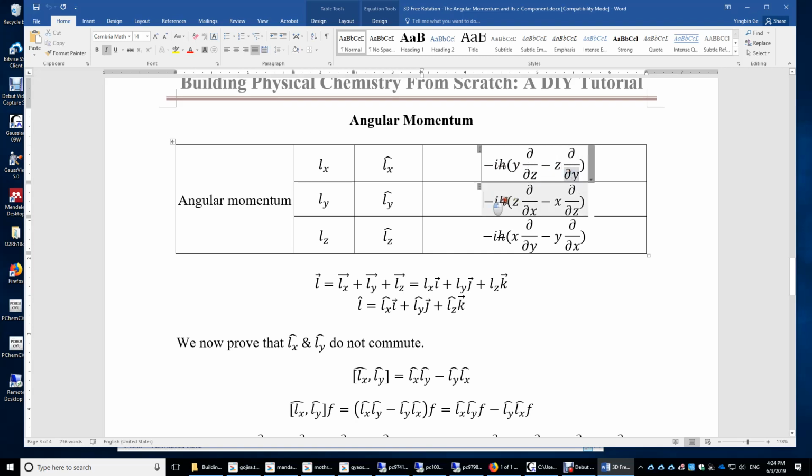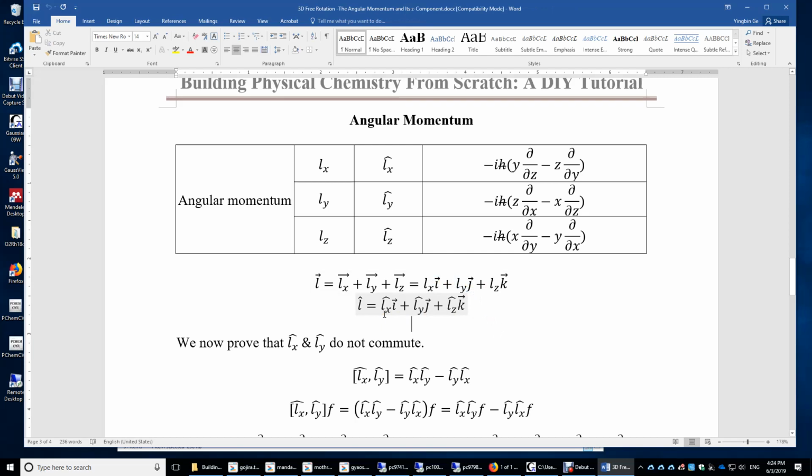Similarly, we have the Ly operator and Lz operator. What about the three-dimensional angular momentum? This is also a vector that contains three components in the x, y, and z directions. We can write it out in this form: Lx as a scalar times the unit vector i in the x direction, plus Ly times j, plus Lz times k.